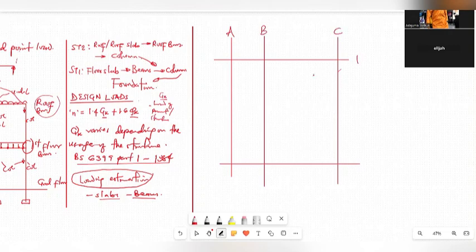So I'm going to show you. You can see my phone? Yes, sir. Okay, great.